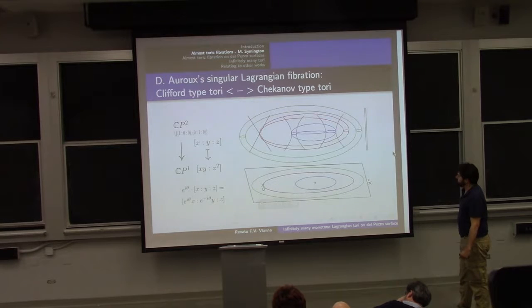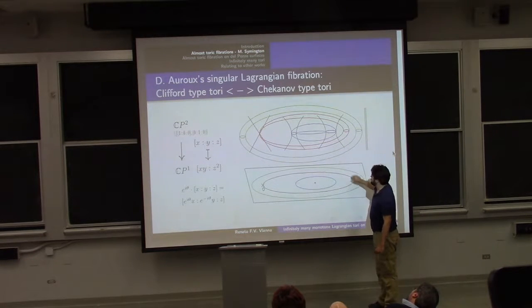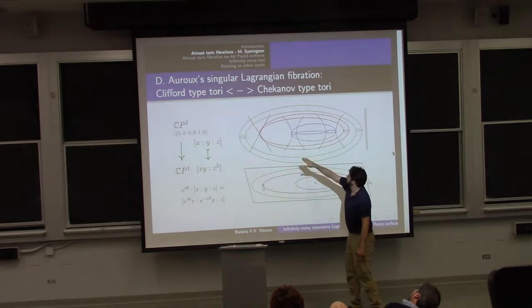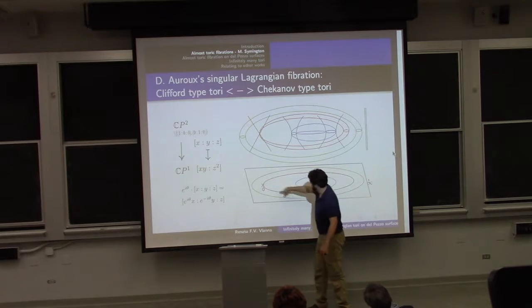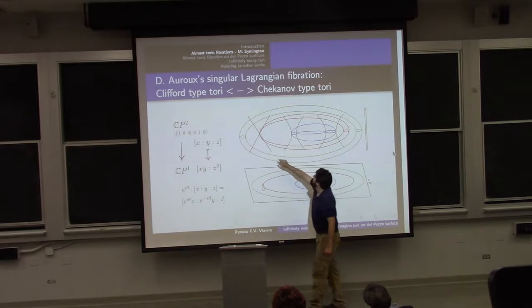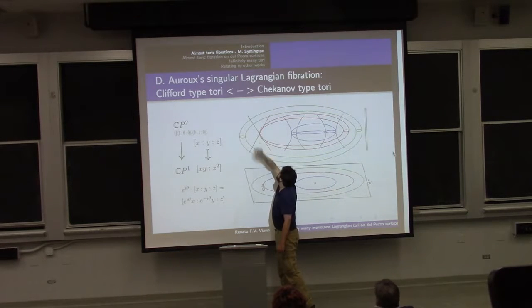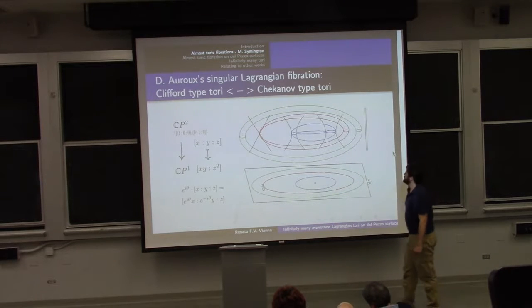If you now take the level where the moment map is 0 and take the torus that projects to the red curve, we see that at the fixed point of the action we're going to get a singular Lagrangian torus.